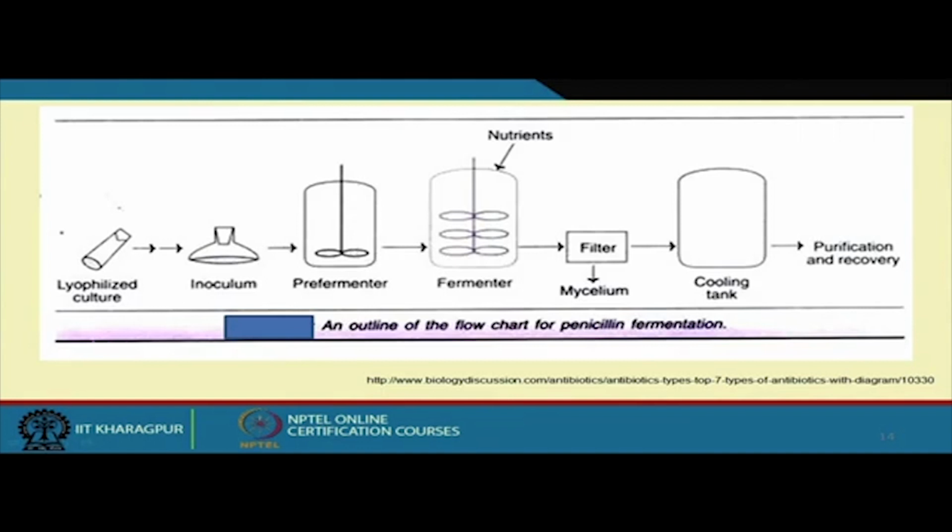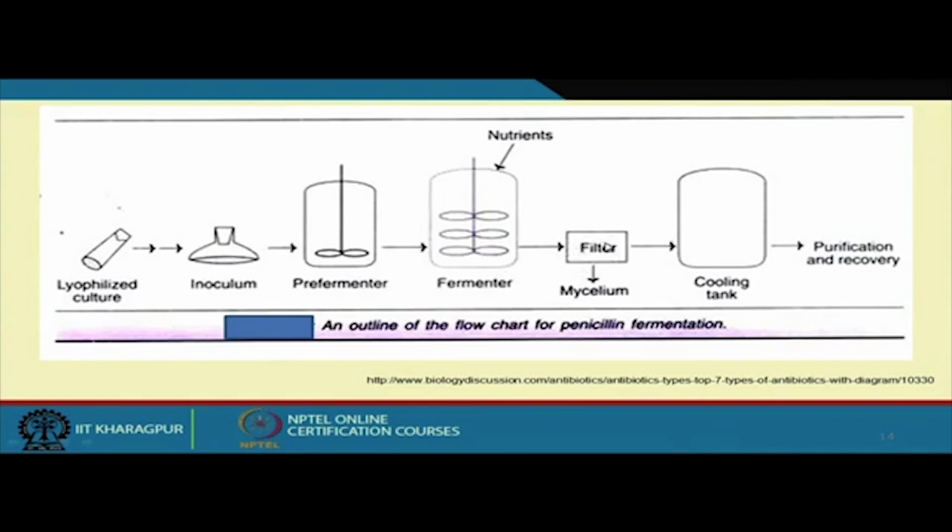This culture we take in the seed can, and from the seed can we transfer to the inoculum vessel. This is what we call the pre-fermenter. Here we produce the vegetative cells, and these vegetative cells you put in the production fermenter. After the production fermenter, first you pass it through the filter, meaning the rotary vacuum filter, which I already explained.